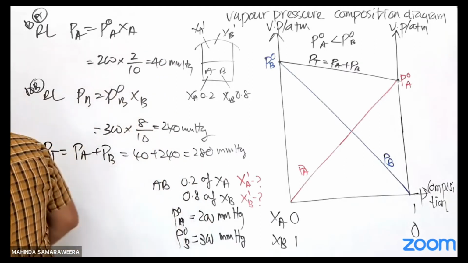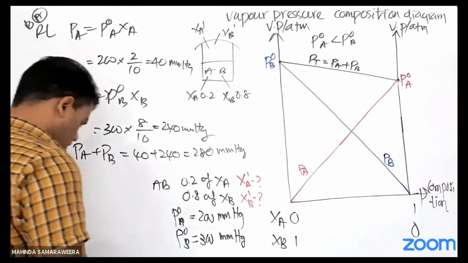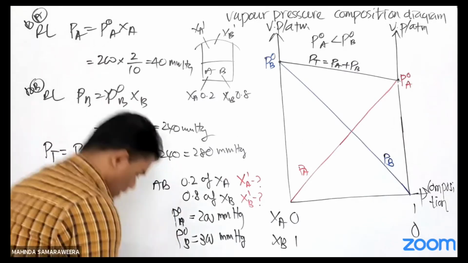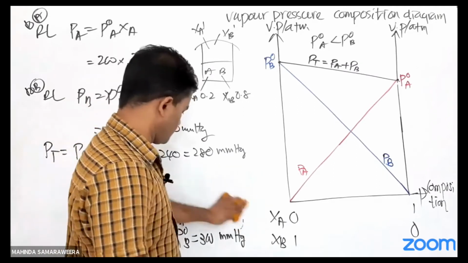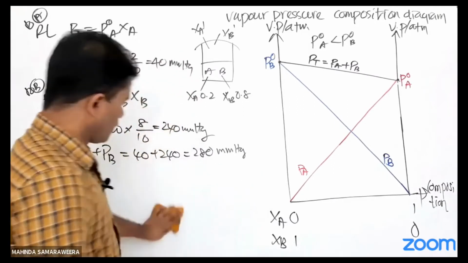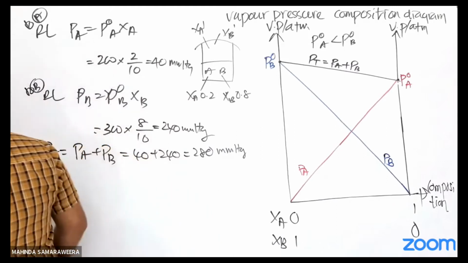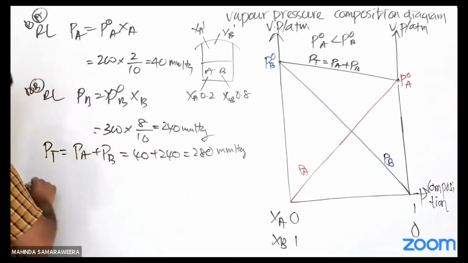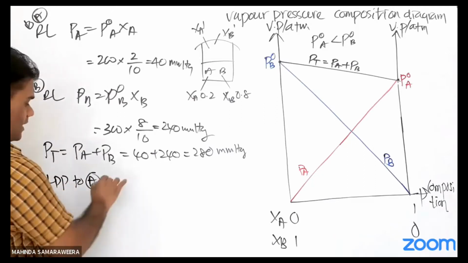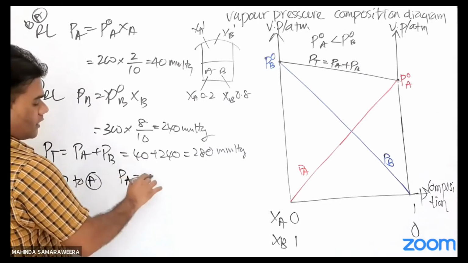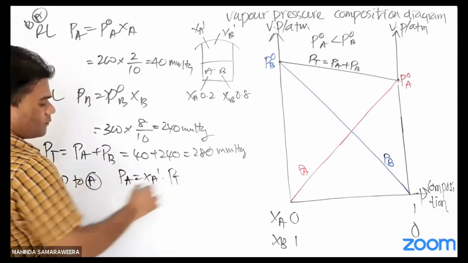But now I need the mole fraction of A and B in the vapor phase. So how do we find it out? Now we can apply Dalton's law of partial pressure to A: PA equals X dash A into PT.